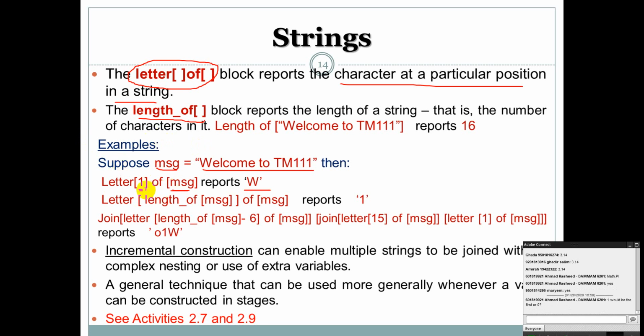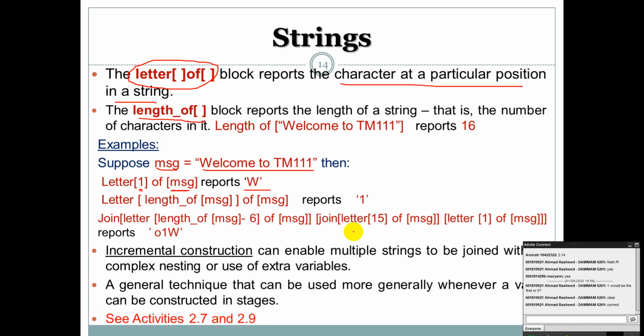Now, there is a question here: would the first character be 1 or 0? The index of the first character is 1, not 0. In OUBuild, the index starts from 1. I know it may be confusing for you with other languages like Java or C Sharp, where the index starts from 0.